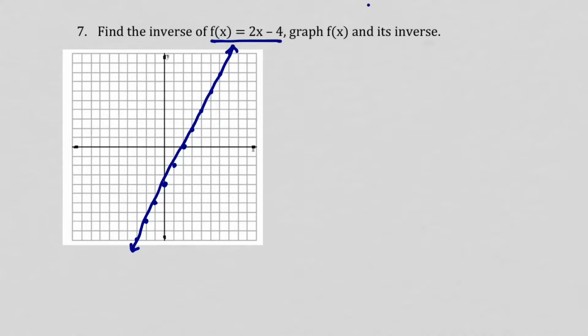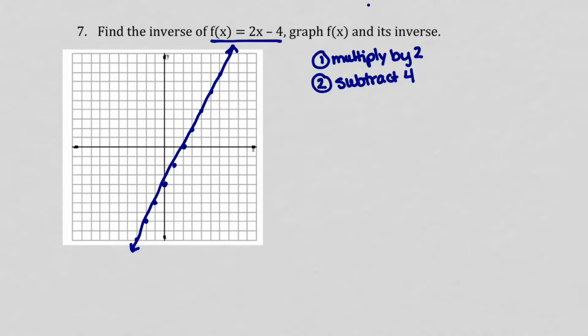So for f of x being 2x minus 4, I'm going to write what's happening to x. Starting closest to x, it is being multiplied by 2. And then it's subtract 4. Okay, so that's what's happening.